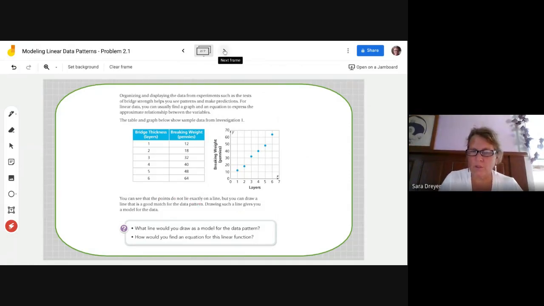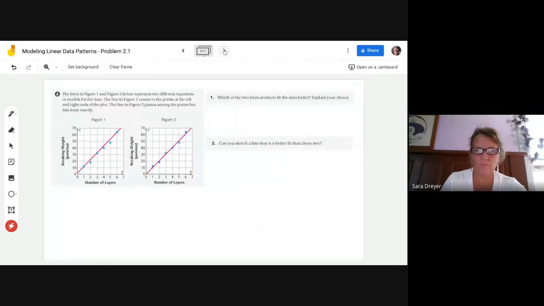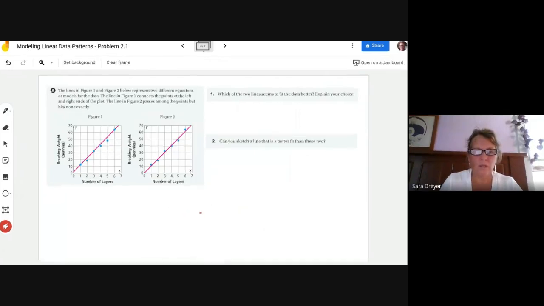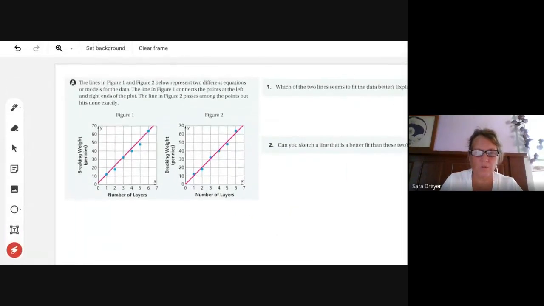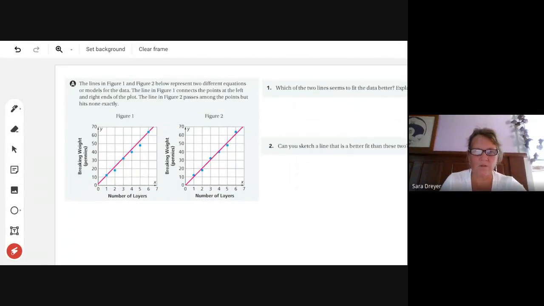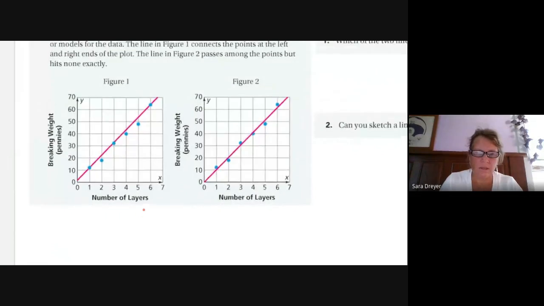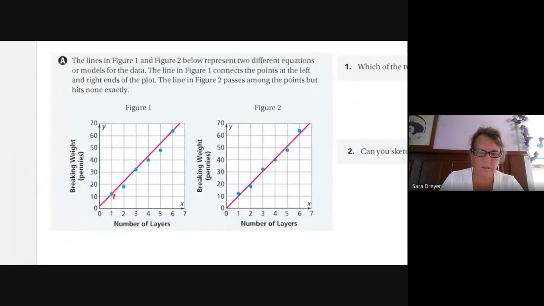Good questions. You don't have to answer them just yet. They're more just to get your mind thinking about what we'll be doing in this Jamboard. So the lines in figure 1 and 2 below represent two different equations or models for the data. The line in figure 1 connects the points at the left and right ends of the plot.